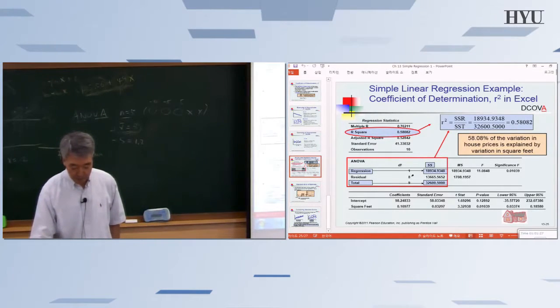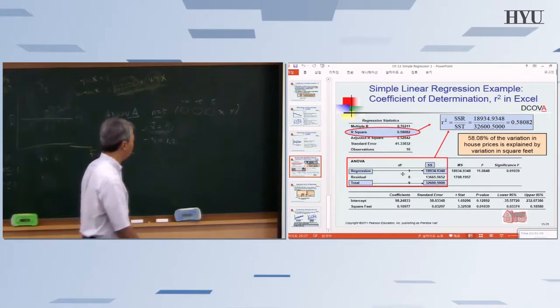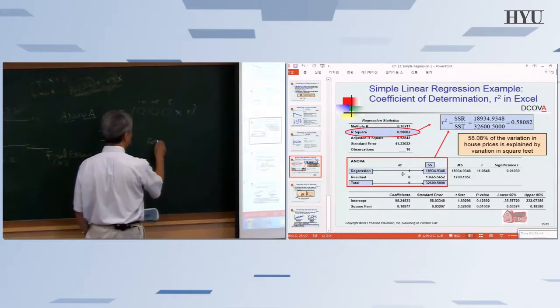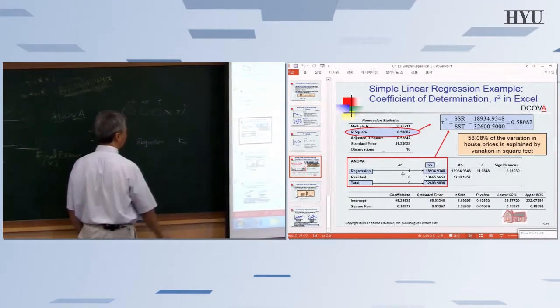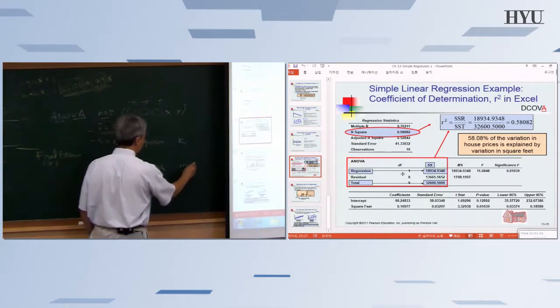The total degrees of freedom is always n minus 1. So the degrees of freedom for regression is K. Total is n minus 1.